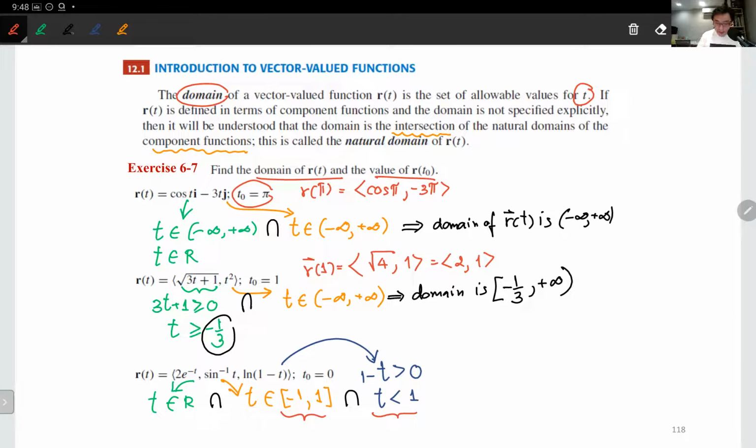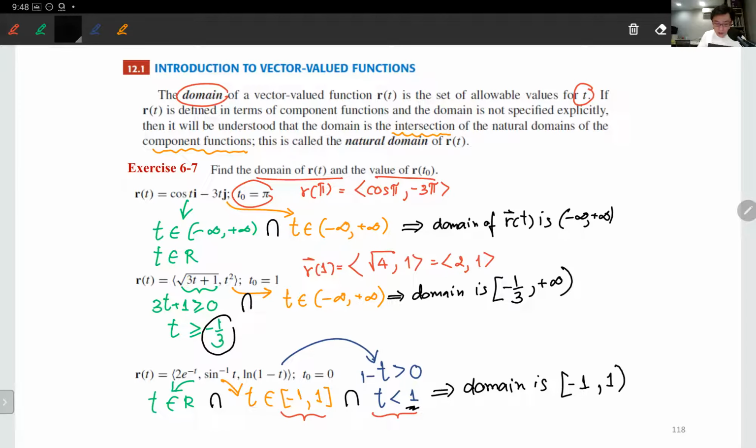So after the intersection, what you're getting is your domain is -1. You take it, so I put a bracket in there, but you have to exclude 1, so I use just the parenthesis right there.